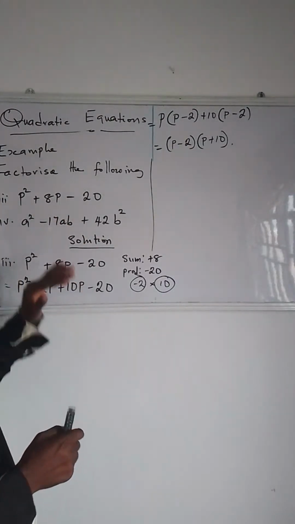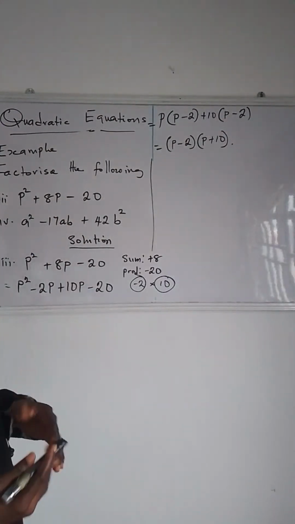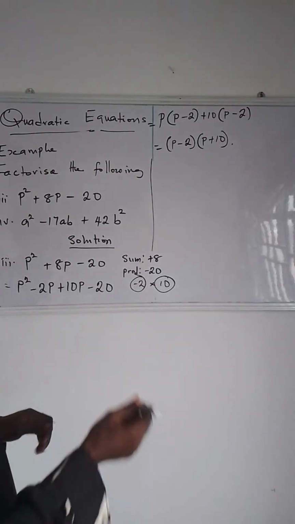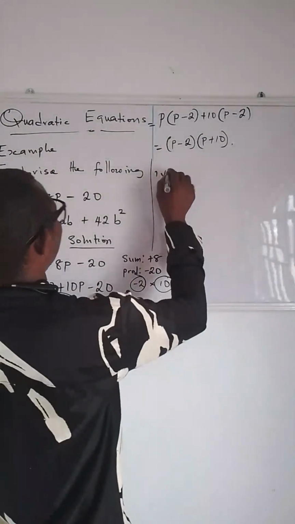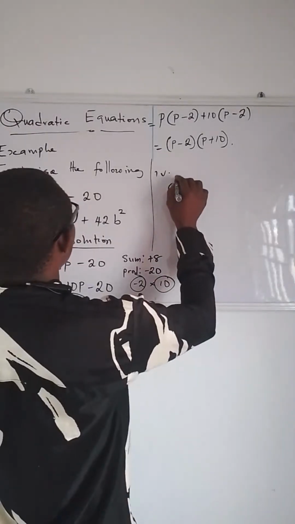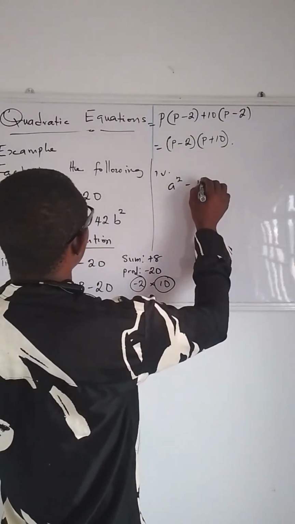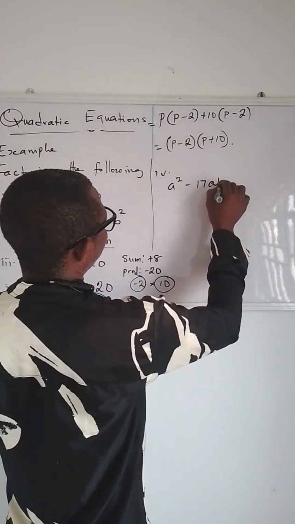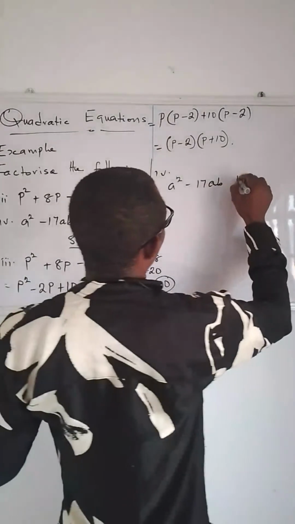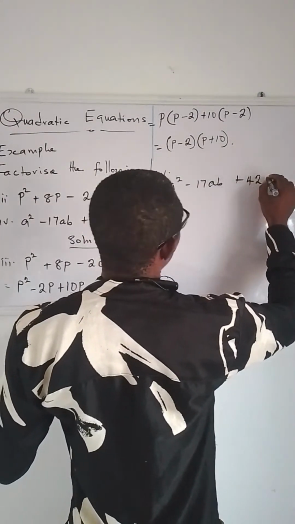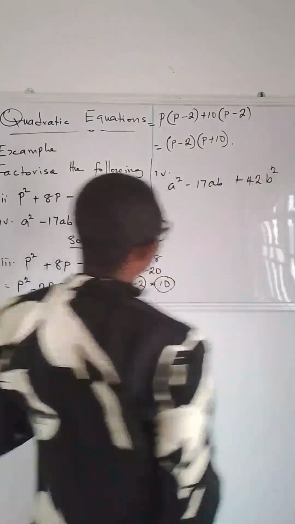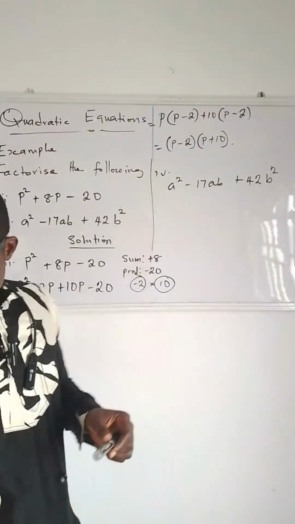Now let's look at the fourth one. After this, I'm going to give you something to do. Now we have a squared minus 17ab plus 42b squared. Okay, so that's the next question.